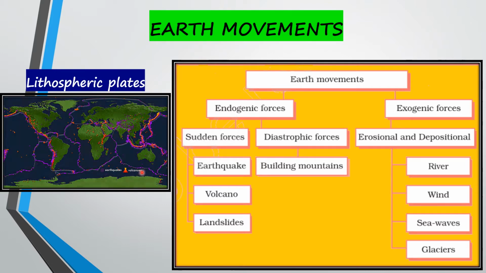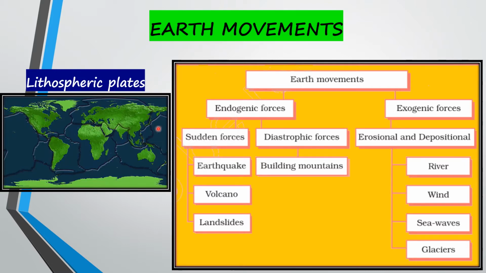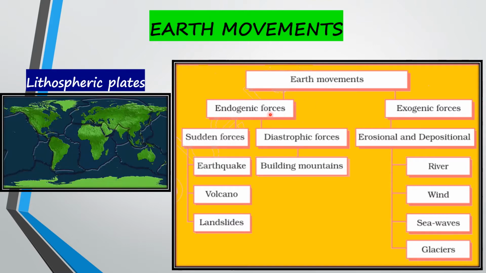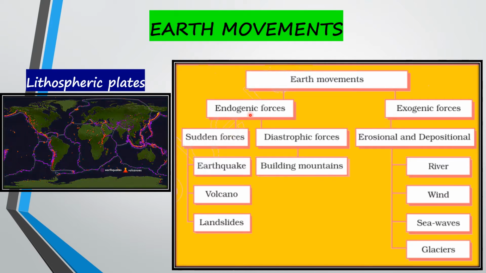So based on the earth's movements experienced because of the movement of the lithospheric plates, the earth's movement can be broadly classified into endogenic forces and exogenic forces. Before going into understanding them, we need to know the meaning of endogenic.